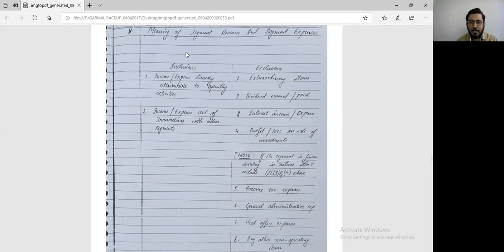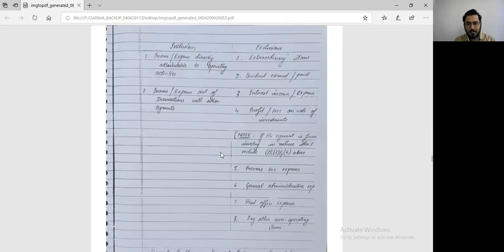Why? Because they will be considered as your operating activities, so you will be including them as segment revenue and segment expense. Are you understanding?